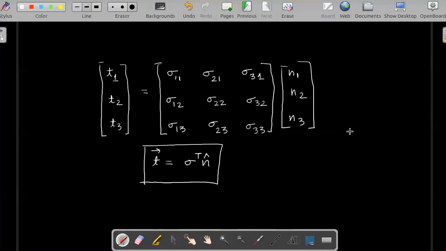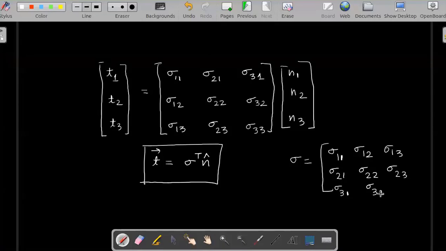If we consider sigma equal to sigma ij, with the components in the order sigma 1 1, sigma 1 2, sigma 1 3, sigma 2 1, sigma 2 2, sigma 2 3, sigma 3 1, sigma 3 2, sigma 3 3, then the matrix we wrote is the transpose of this, because rows and columns get interchanged. That's why it is sigma transpose. Now we have obtained the relation between the traction vector, the normal vector, and sigma.